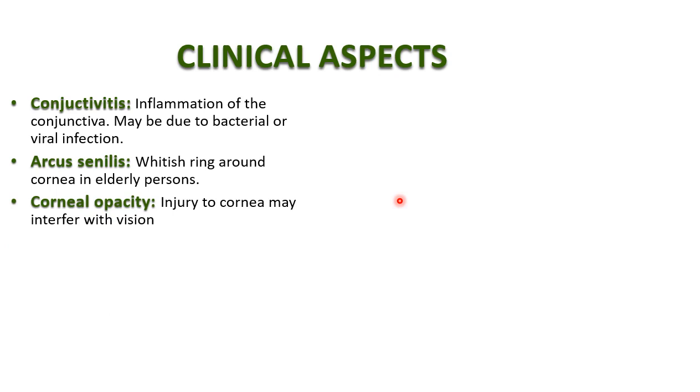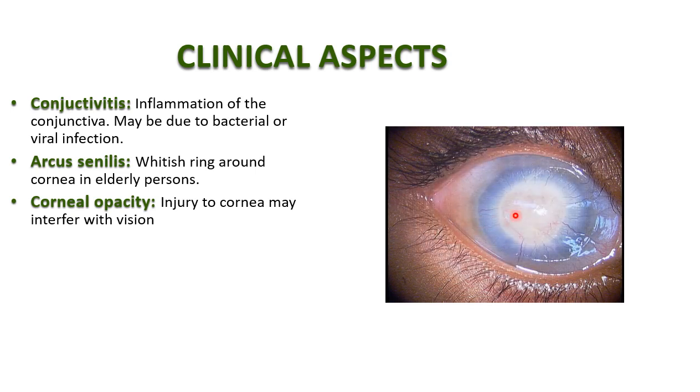Then the cornea becomes opaque. Sometimes it should actually be transparent; if it is opaque, it is called corneal opacity. This might be due to many reasons, most commonly injury to the cornea, or certain drugs if used for a very long period of time.